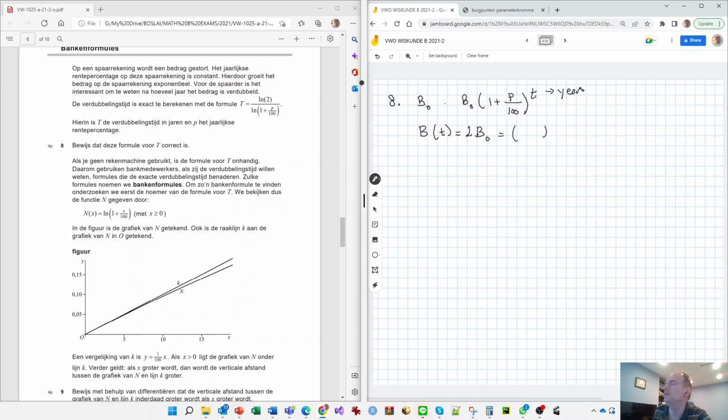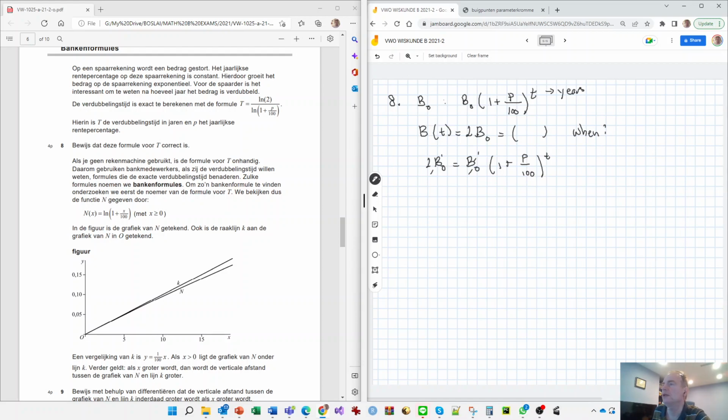So what does it mean? Well, let me still write it out, doesn't hurt. So the question is when does this happen? 1 plus p divided by 100 to the power t. When does this happen? And fortunately this drops. It actually doesn't matter how much you deposit initially, obviously.